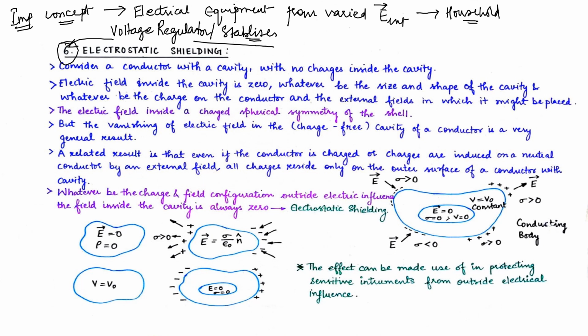So electrostatic shielding is not the sole application seen in the voltage regulator, so don't take it as a sole thing. For the regulation of voltages and for the stabilizing of the electrical equipment, we use electrostatic shielding as one application, and others we will read when we go to alternating currents and electromagnetic induction.